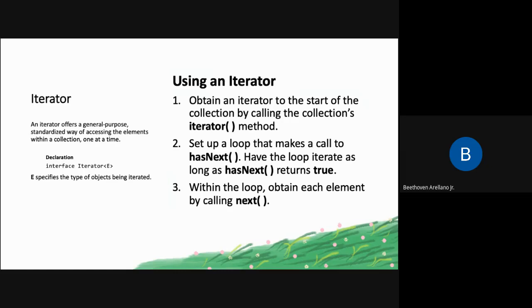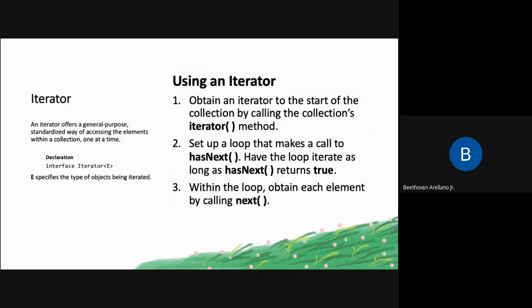With only small changes, the code that cycles through a set can also be used to cycle through a list to obtain or remove elements. Iterator is a generic interface declared as interface Iterator<E>. E specifies the type of objects being iterated.